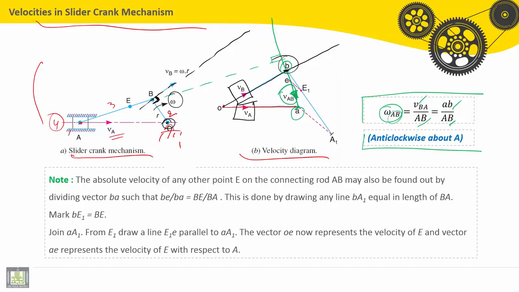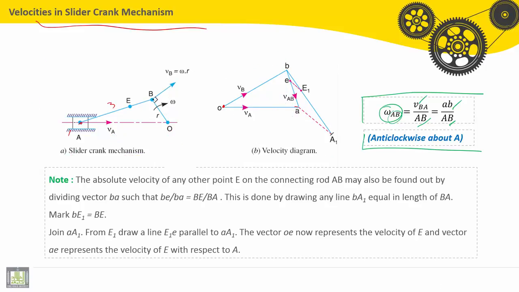Let's see now if we have a point E on the solid AB. The absolute velocity of any other point E on the connecting rod AB may also be found by dividing the vector BA such that BE divided by BA on the velocity diagram equals BE divided by BA on the space diagram.